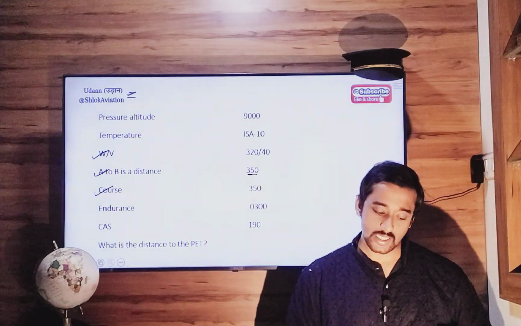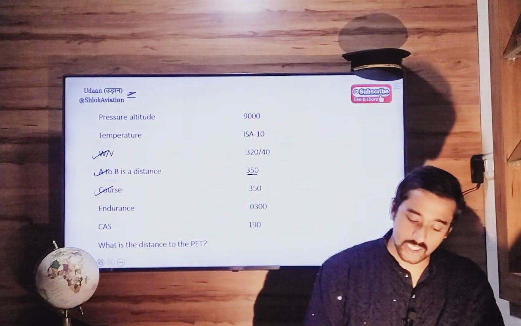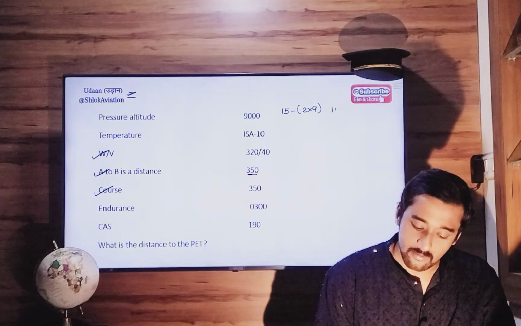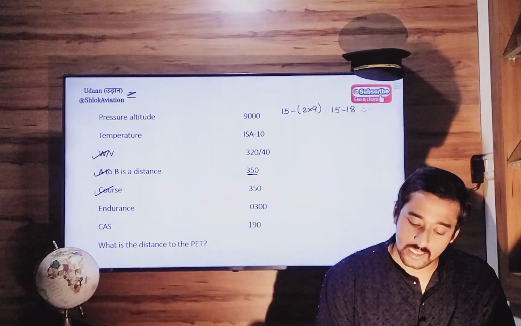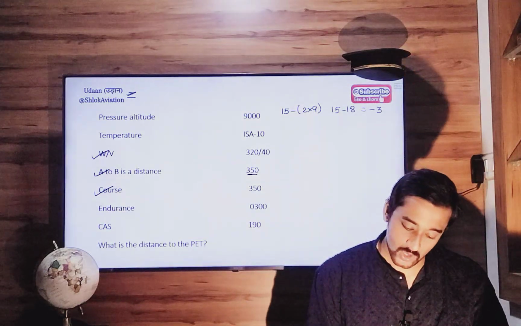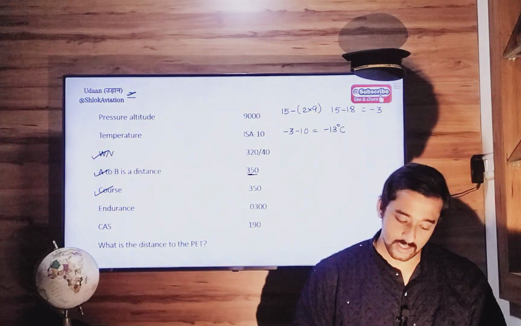Now pressure altitude is 9,000 feet. At 9,000 feet, your ISA temperature must be 15 minus 2 into 9, 15 minus 18, minus 3. So outside air temperature is ISA minus 10, so minus 3 minus 10 is minus 13 degrees Celsius.